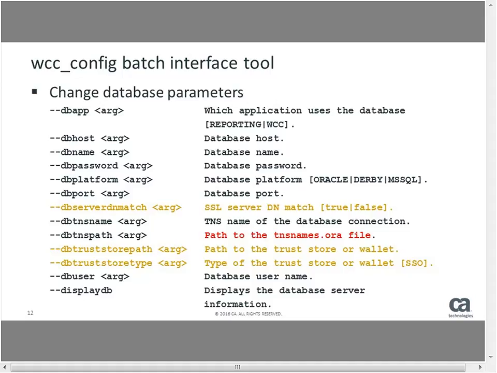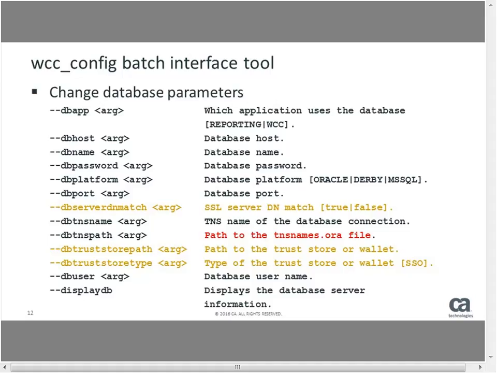With the red color, there is an indication that DB TNS path attribute has been changed in the meaning. Currently, it's a path to the directory where tnsnames.ora file is located.